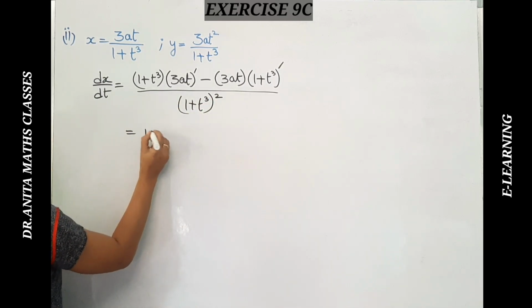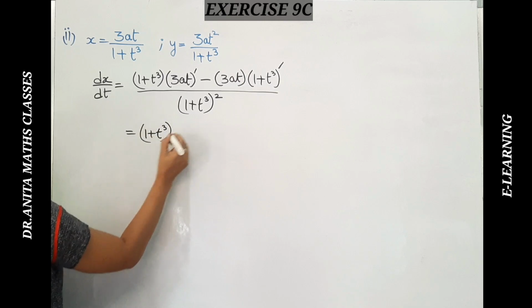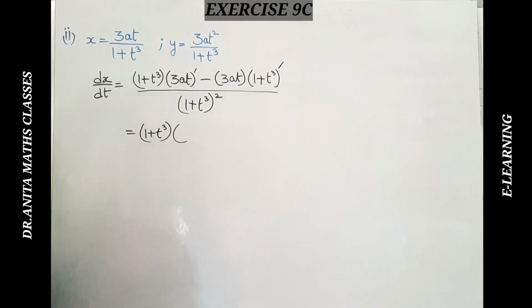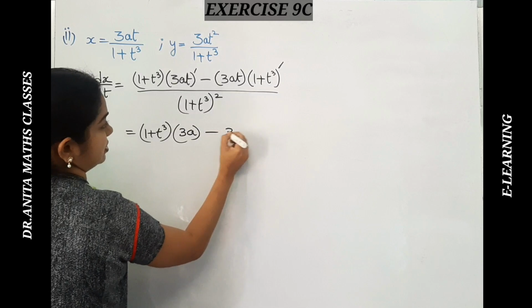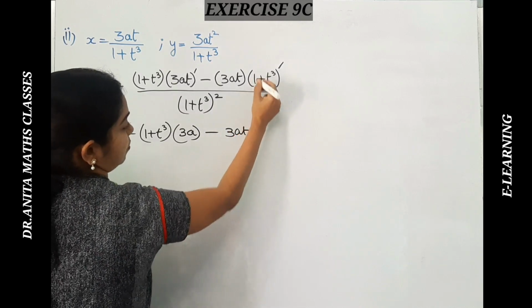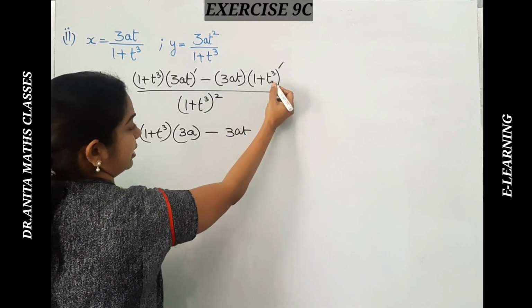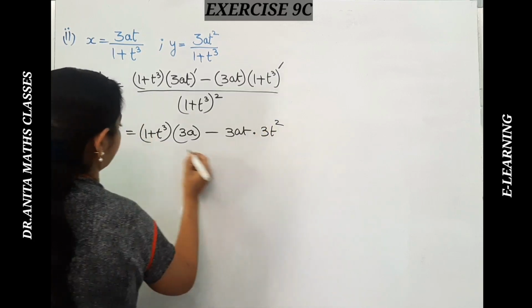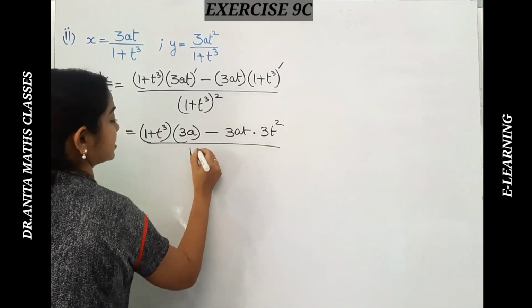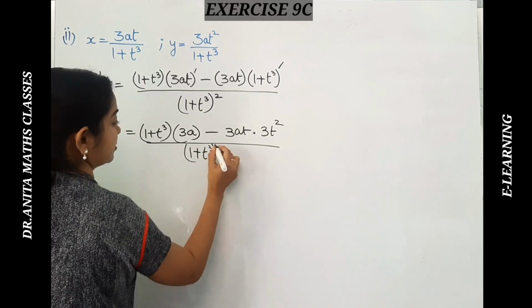So this comes to 1 plus t cube, derivative of 3at. 3a you can take it out with respect to t. So t is just 1 you get. So 3a minus 3at. 1 is just 0 and t cube is 3t square. So 1 plus t cube whole square.